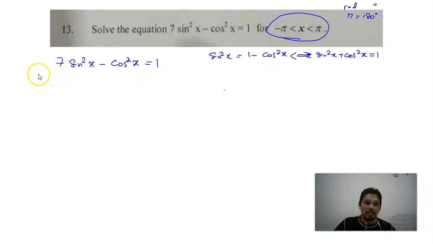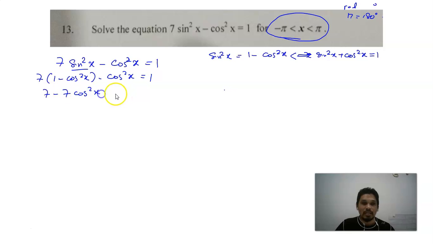Now, substitute sine square here with 1 minus cos square: 7 times (1 minus cos square x) minus cos square x equal to 1. Then 7 times 1 and 7 times cos square, so 7 minus 7 cos square x minus cos square x equal to 1.